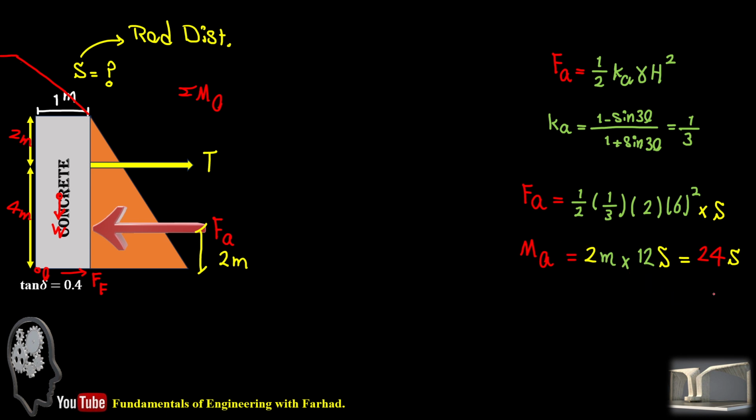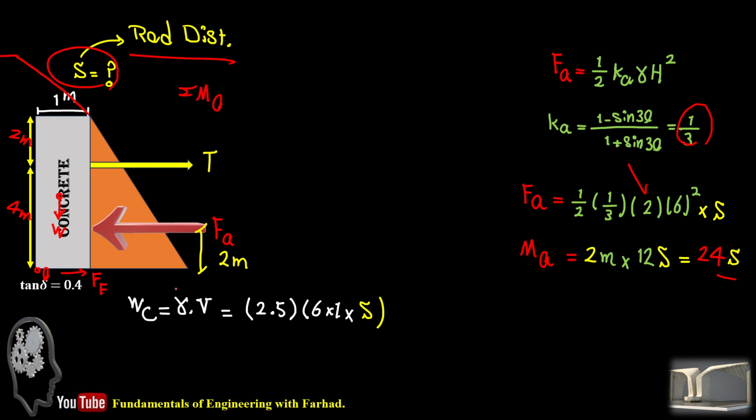It gives us 24S, because FA is half of KA, which is replaced from here, gamma of soil, which is 2, times the height of the retaining wall, which is 2 meters plus 4 meters, 6 squared, times S, which is the distance of rod, which is our width, and MA is equal to 24S.